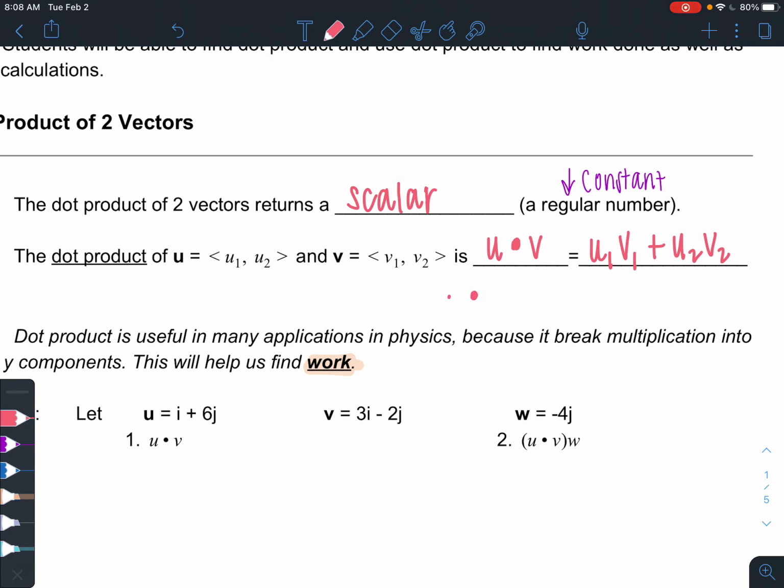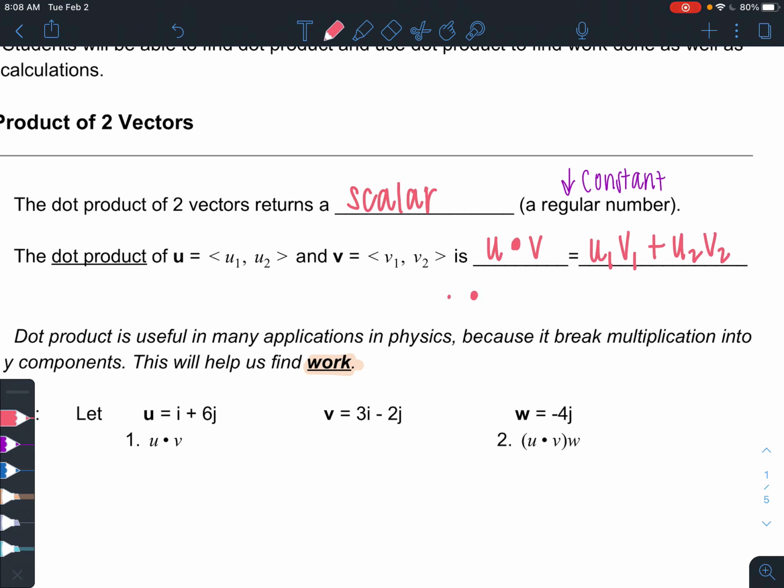Okay, so then we want to do u times 3w. So we are going to do 1, 6 dot 3, 0, negative 4. Okay, so for this one, we want to distribute that 3 through first.